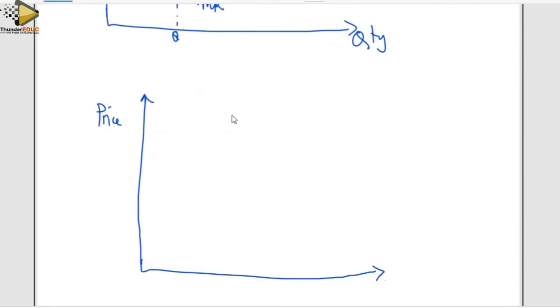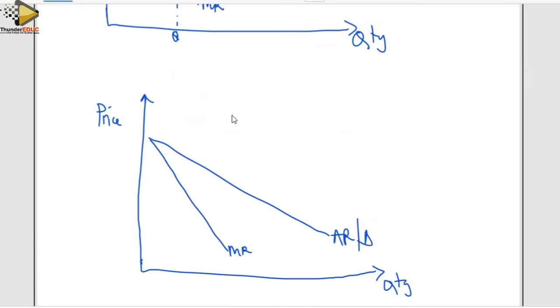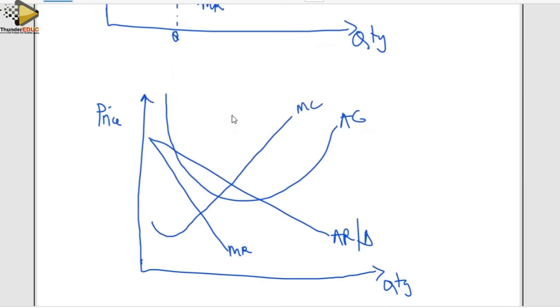What is going to happen if we have our marginal revenue there and our average revenue, which is the equivalent of the demand curve, and we see our average cost dipping below the average revenue, and our marginal cost again cutting the average cost at its lowest? Our equilibrium is here, where marginal cost is equal to marginal revenue.